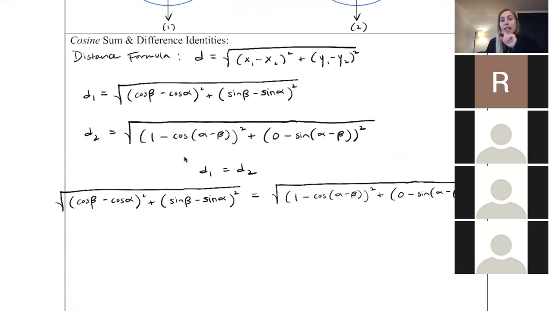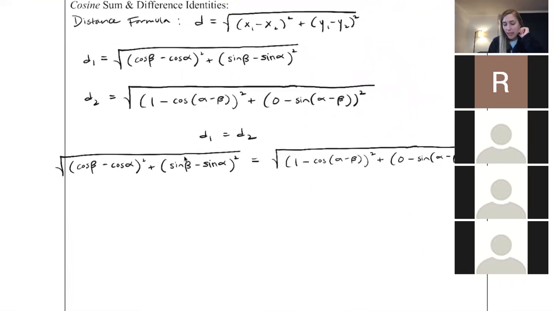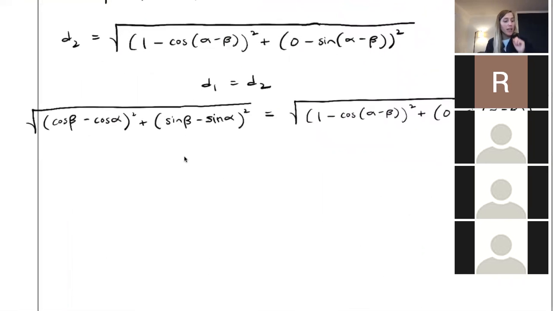So the left-hand side equals the right-hand side of this really complicated, yucky looking thing. And we're going to make it a little more complicated, sort of. We're going to square each side of the equation, which would just get rid of the square roots.